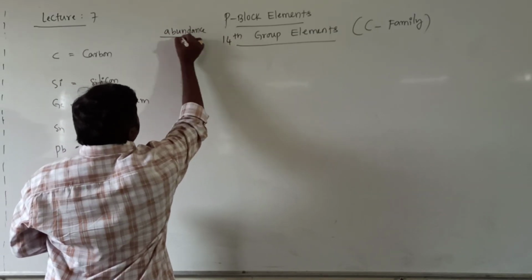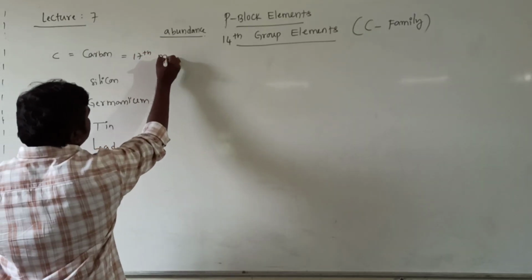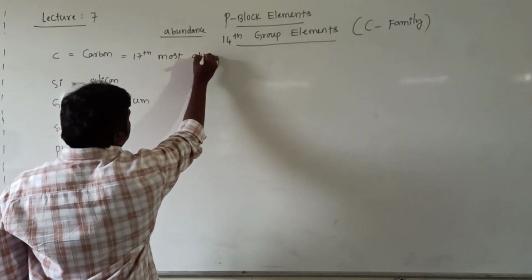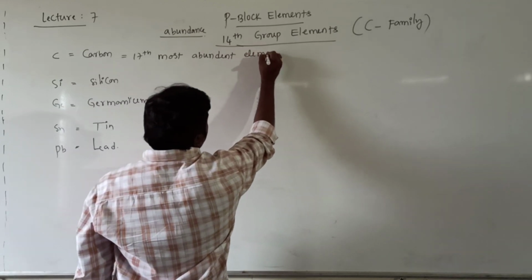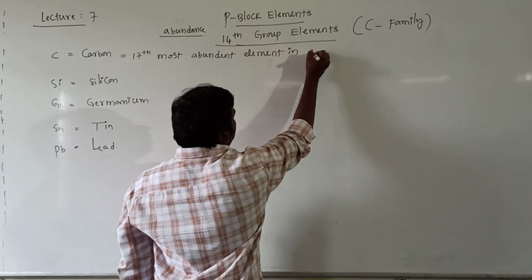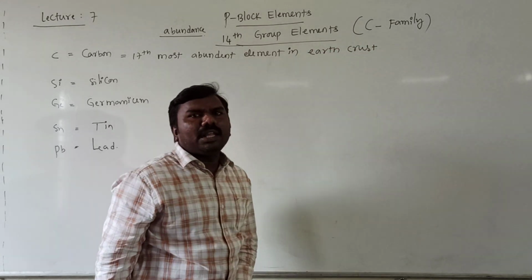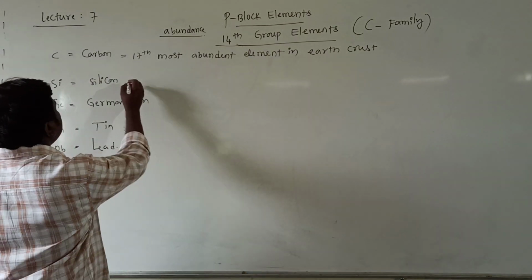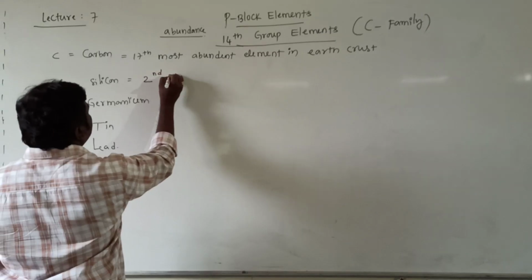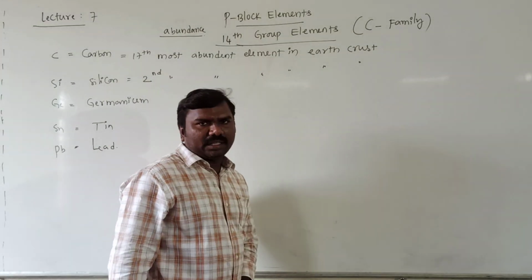Abundance of these elements. Carbon is the 17th most abundant element in the earth crust. Silicon is the second most abundant element in the earth crust.